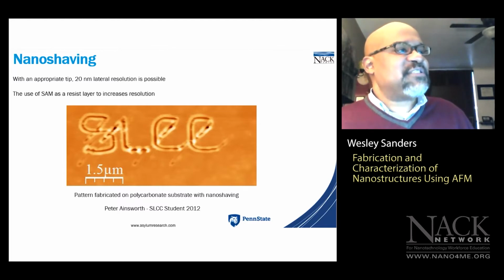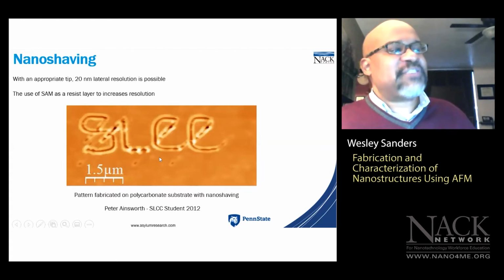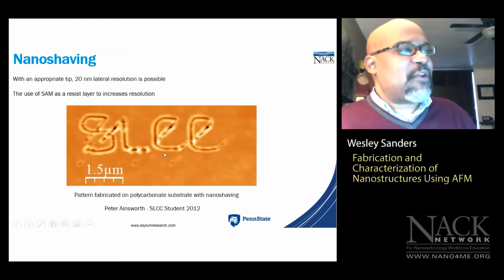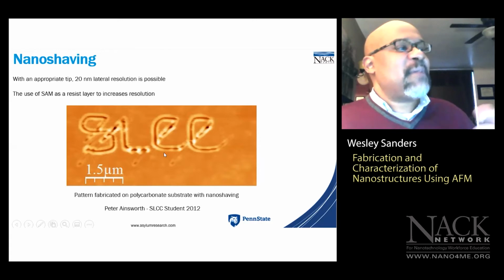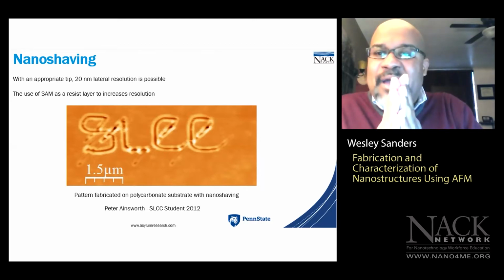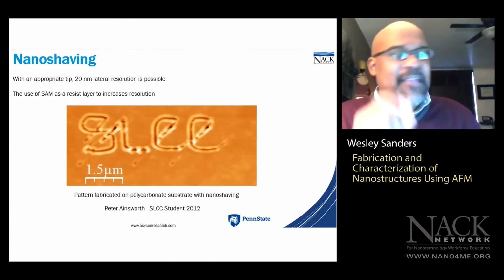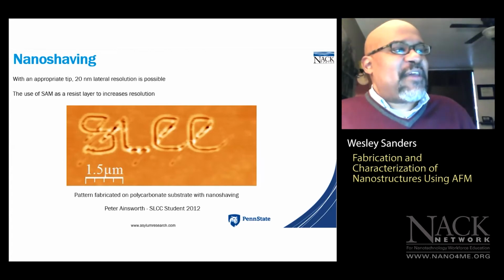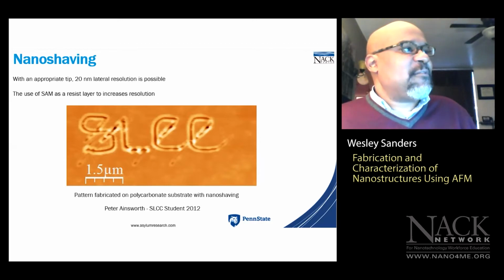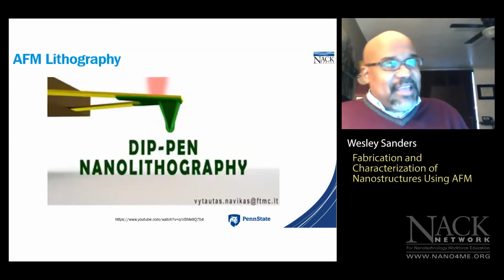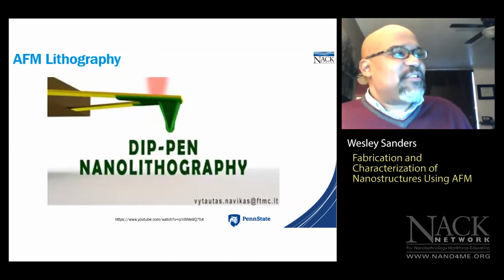So that's why self-assembled monolayers are oftentimes the thin films of choice when AFM lithography or nanoshaving is performed, because again, the dense packing of the monolayers allows the tip to make very accurate and very small line width etching in the resulting film. So the next technique I'd like to go over with you is dip pen nanolithography.